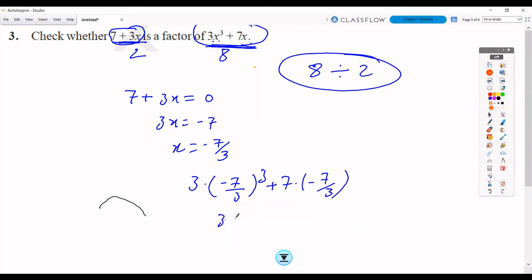Here we are going to get 3 into minus 7 to the power 3 upon 3 to the power 3 plus minus 7 to the power 2 upon 3. Okay, simplify it. If you are going to get the remainder 0, answer is yes. Otherwise, answer is no.